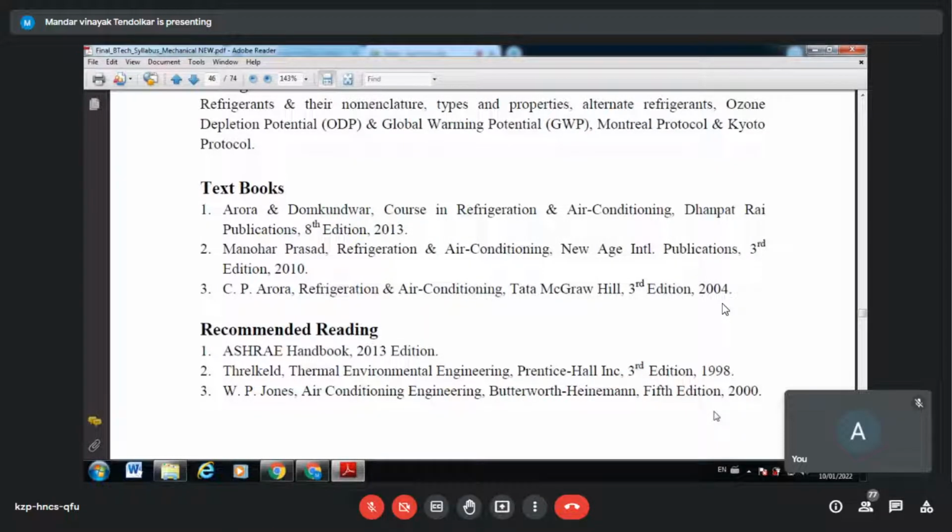Second book is Manohar Prasad, IIT Kanpur professor. This book is not good for numerical practice. Conceptually, it is the best I can say, even better than Arora Domkundwar. Manohar Prasad is far better, but the numerical part is not so strong.